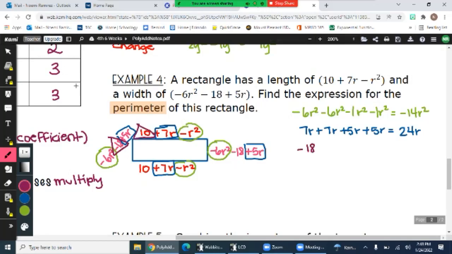We have a couple of 10s and we have a couple of -18s. Minus in the middle, negative in the front. What does that get you? -16. So we have -14r squared, positive 24r, minus 16.